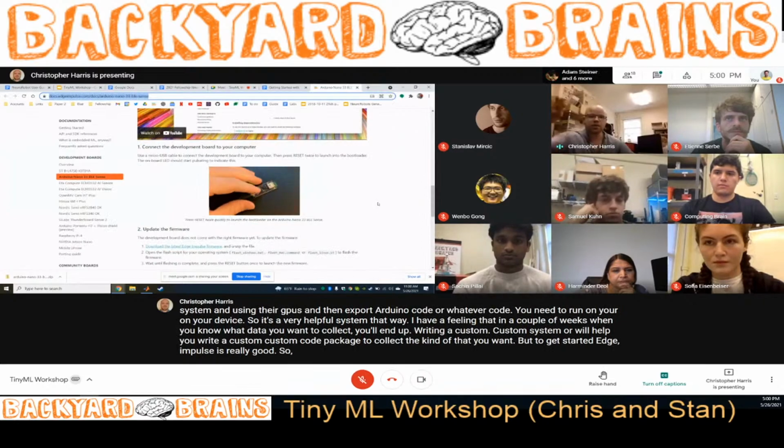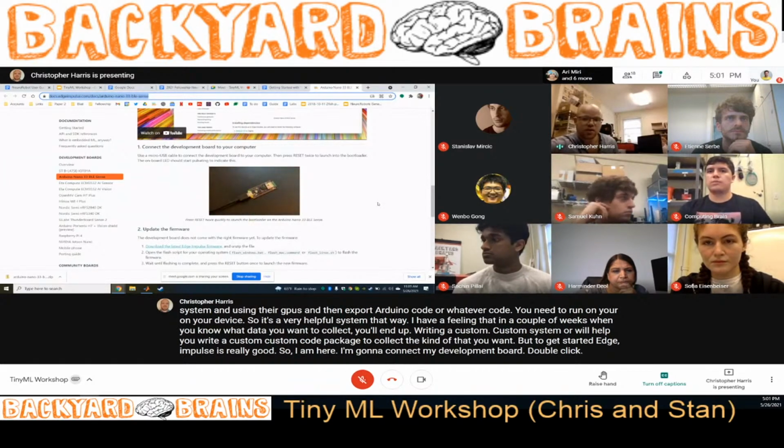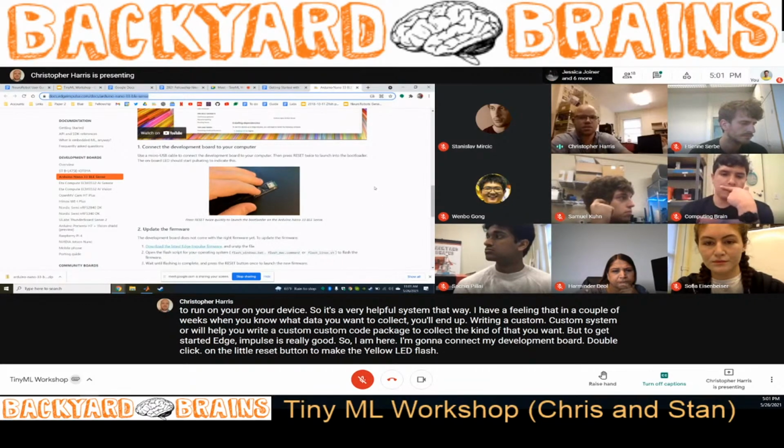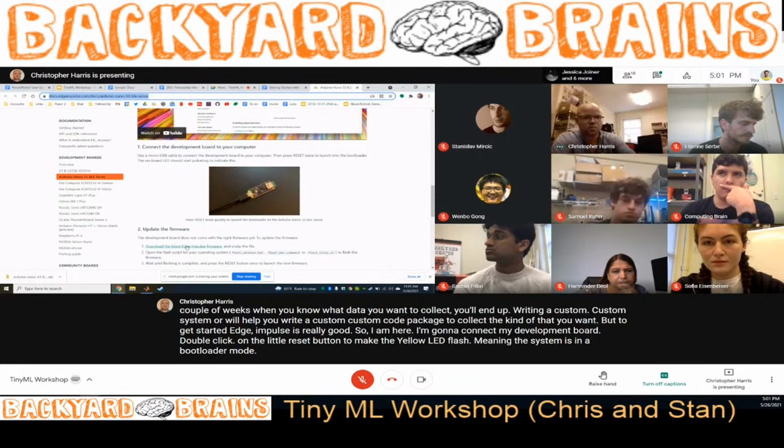So I am here. I'm going to connect my development board and double click on the little reset button to make the yellow LED flash, meaning the system is in bootloader mode. Then I'm going to download the latest Edge Impulse firmware, which I have here.